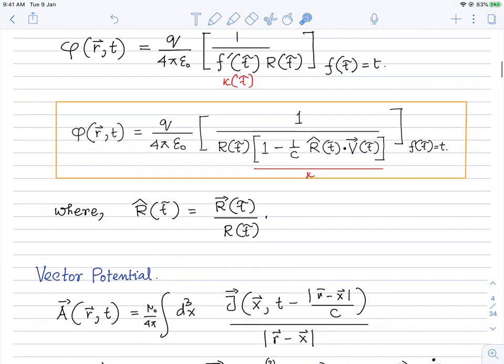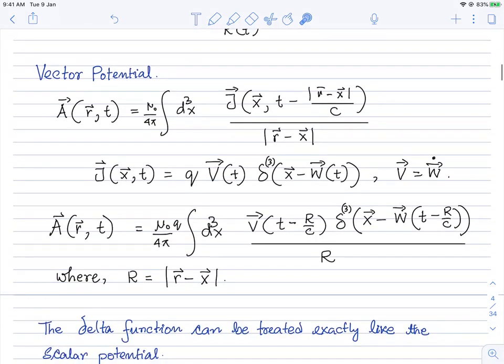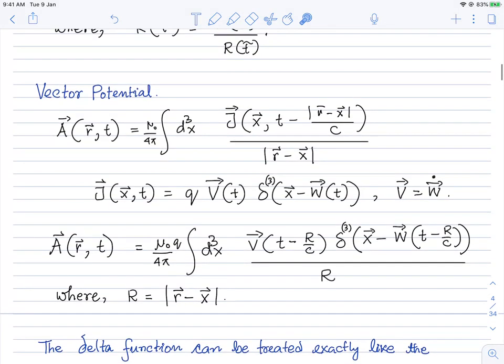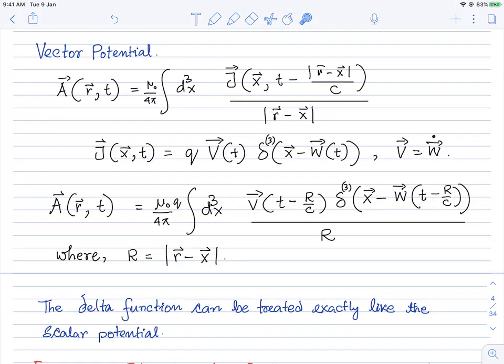Just go through the steps once more. Now the vector potential becomes super easy if we remember that algorithm. How does that become super easy? Because here the potential for the point charge we can write this way, because this j is a function of v of t, and of t minus r, and this r is r minus x, and there is a delta function.